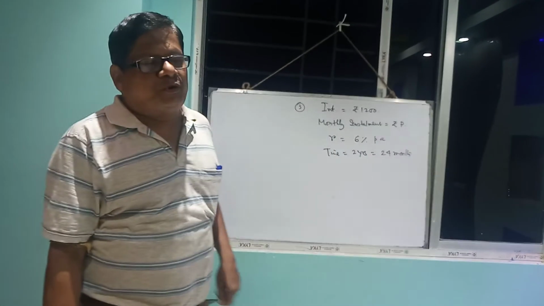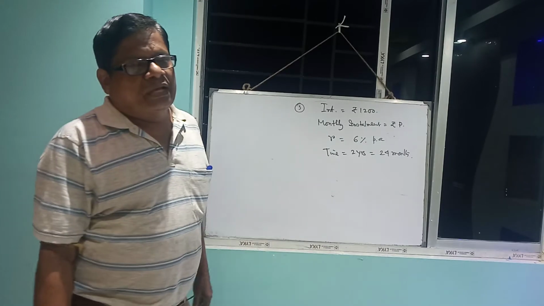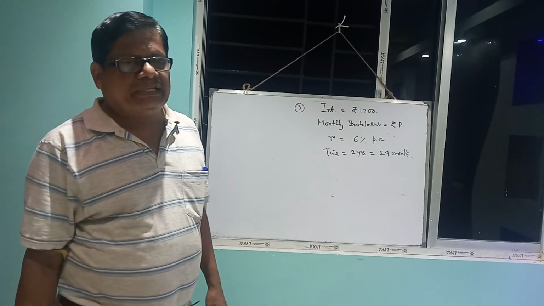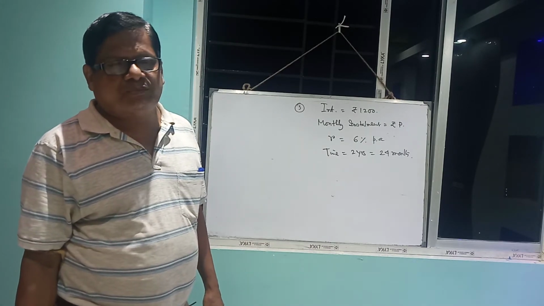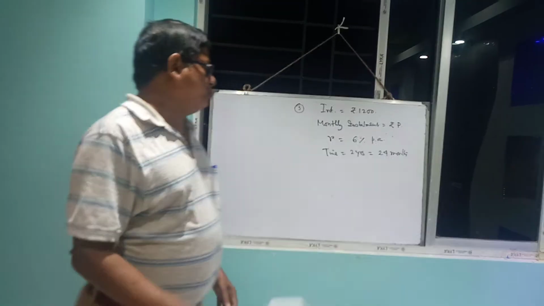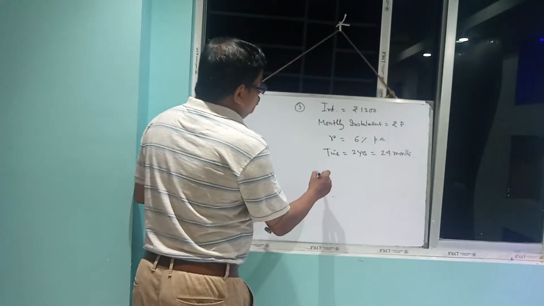The formula is interest equal to P into n into (n plus 1) by 2 into r by 100 into 1 by 12.